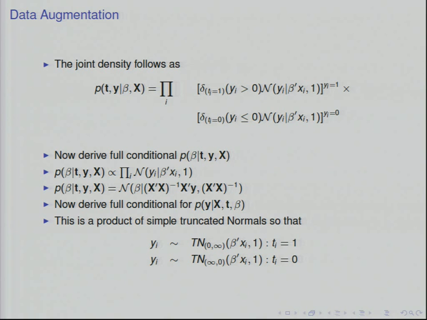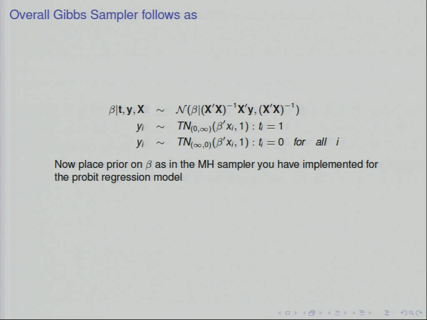And a little bit of manipulation shows us that for the values of t which are equal to 1, each of the y's conditioned on beta, t and x is just going to be equal to a truncated univariate Gaussian with a mean of beta transpose xi and a variance of 1. And when t is 0, then it's just a truncation in the opposite direction. So the overall Gibbs sampler turns out to be something really easy.